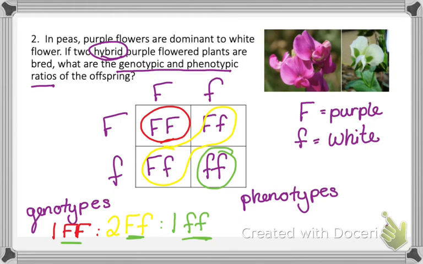The problem is that not all those separate genotypes result in different phenotypes. So now I have to think about which ones are going to be purple and which ones are going to be white. Let me clear off some of this coloring so that we can get a better idea of phenotypes. I'll go back to my purple.